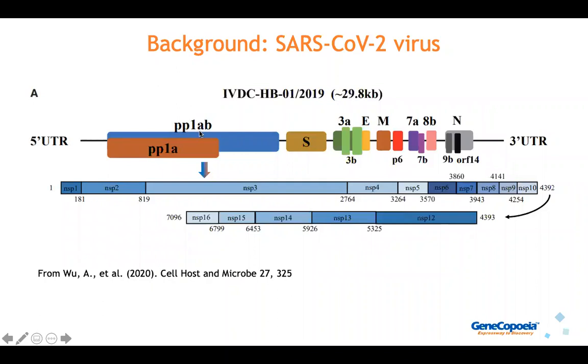The PP1AB is a very large ORF that's post-translationally processed into several ORFs known as the non-structural proteins, NSP1, et cetera, up to NSP12. And then there's the spike ORF, as well as the envelope protein and the matrix protein and the nucleocapsid. So this is the basic genomic layout of the SARS-CoV-2 virus genome.